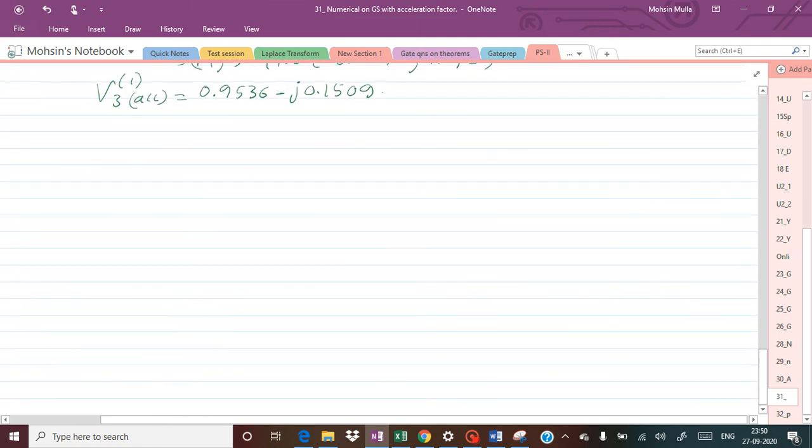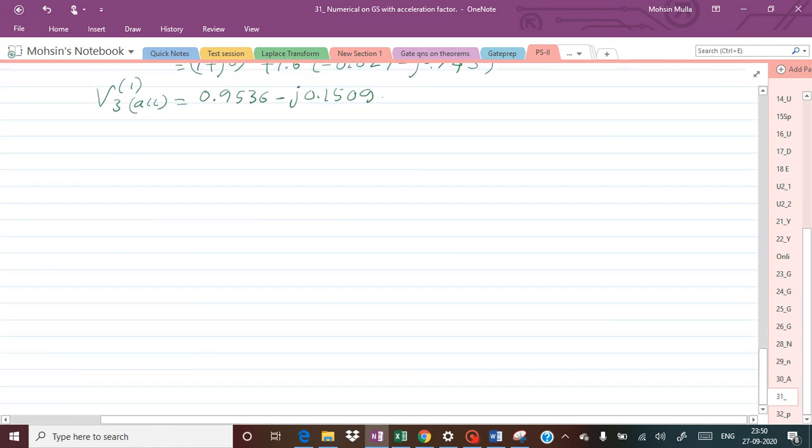So the voltage at the end of the first iteration is: V1 of 1, a specified quantity which does not change, 1.02 plus j0.